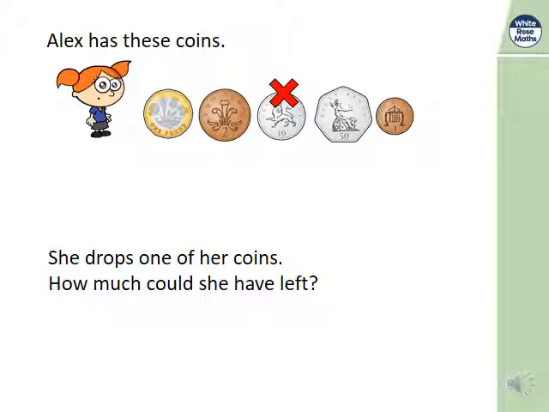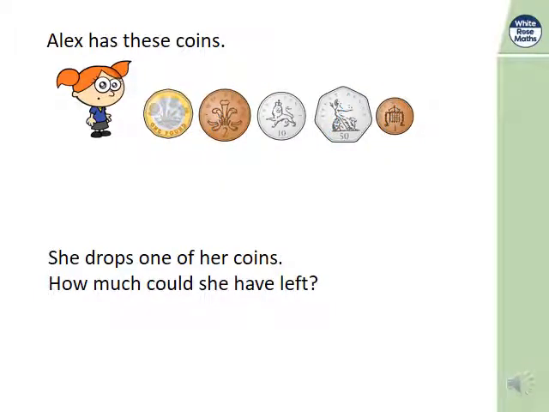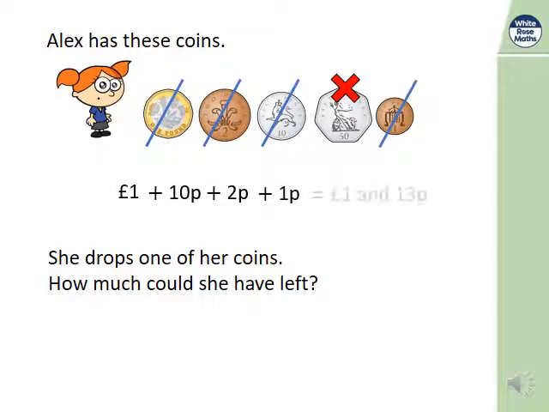If she dropped the 10p coin, she would have been left with £1, 50 pence, 2 pence and 1 pence. So again, it would have been £1 and 53 pence, or £1.53. You can see how we're doing this in an organised way. If she dropped the 50p, that would have left her with £1, 10p, the 2p and the 1p, making it £1 and 13p, or £1.13.